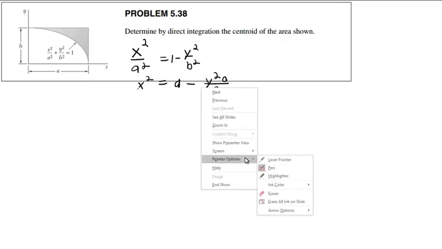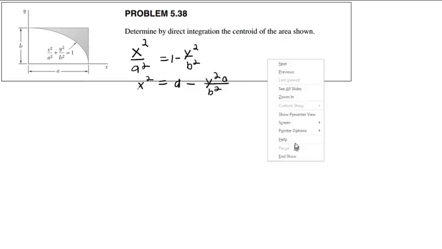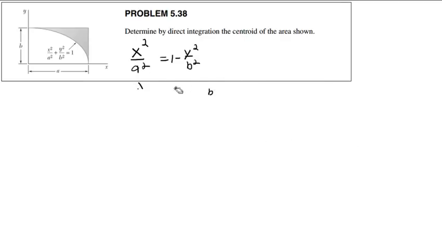Okay, so here, let's see, what else might we do? It's supposed to be a squared minus y squared times a squared over b squared. Oh, a squared, yeah. It doesn't really matter anyway. I probably should solve this for y anyway if I'm going to find the area of it. Okay.